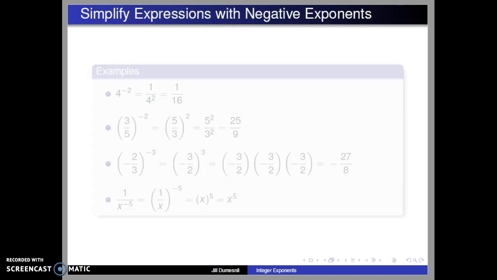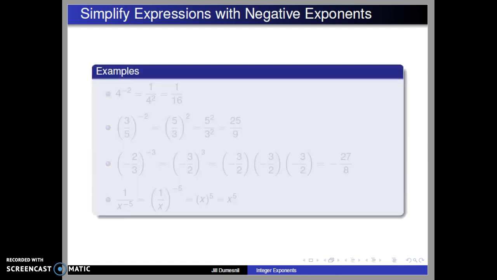Now we can use these definitions and the laws of exponents to simplify expressions with negative integer exponents. Let's consider some example problems. 4 raised to the minus 2 power equals 1 over 4 squared, which equals 1/16.